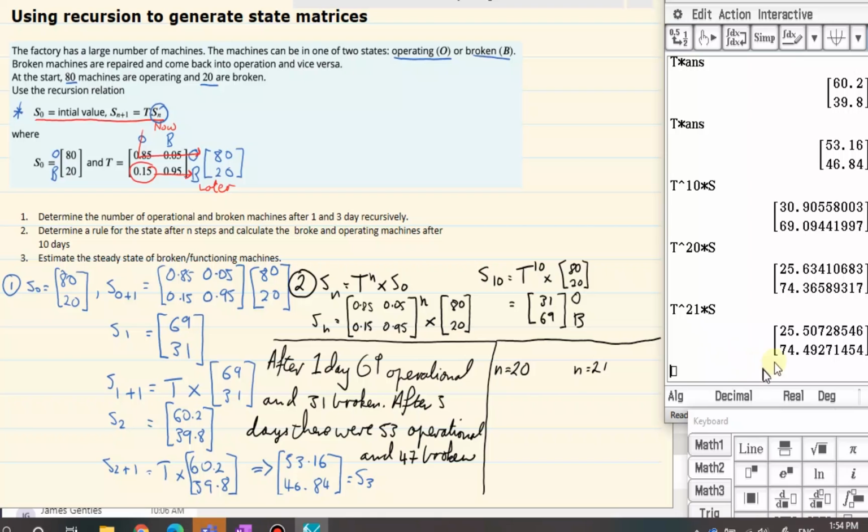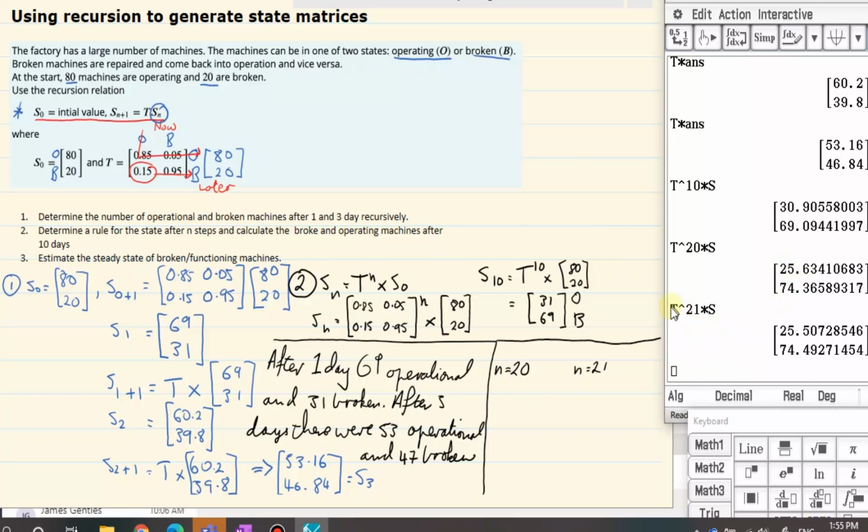So there we can see to the nearest whole machine, we look like we have a steady state. Actually, no, to the nearest whole machine, this would round to 26, and this would round to 26 as well. I'm skeptical because this is going up.